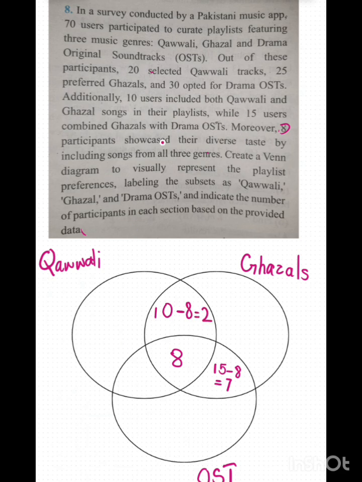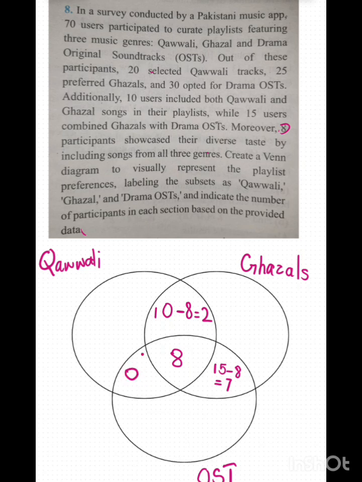Now the participants who have interest in Qawwali and OST, it's not mentioned here. So we will put a 0 here. There are no overlapping values. When it is not given, it means that this part is unknown, or we can place a 0 there. So we will place a 0 here.